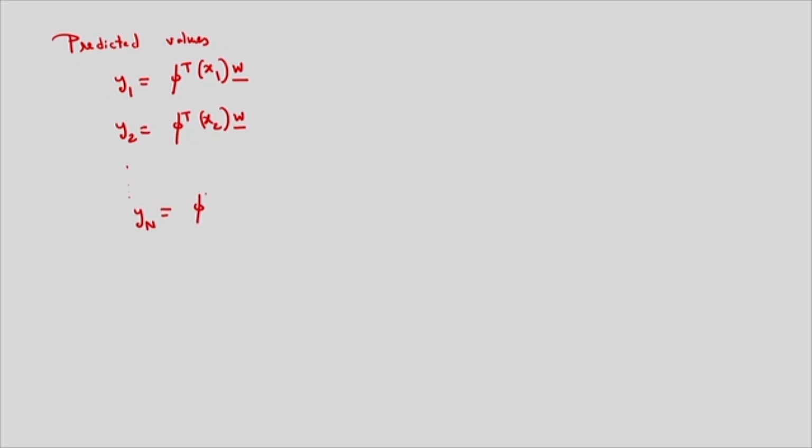What are the predicted values? y1 is nothing but phi transpose x1 w, y2 is nothing but phi transpose x2 w. Like this, up to yn, I can predict phi transpose xn w. So you can see the linear combinations of basis functions phi(x) gives the predicted value for each of the samples.